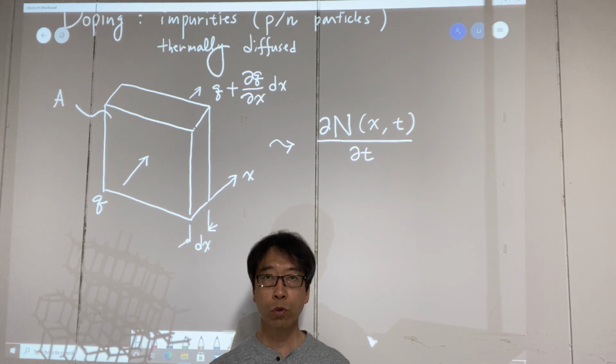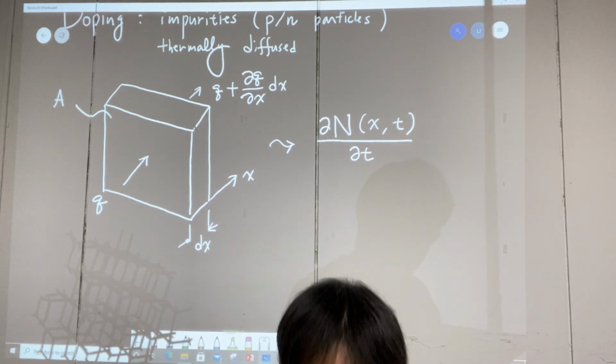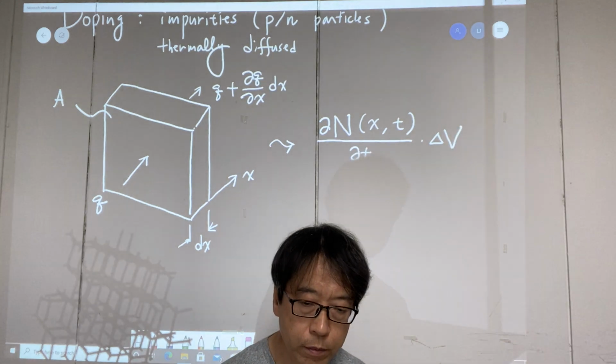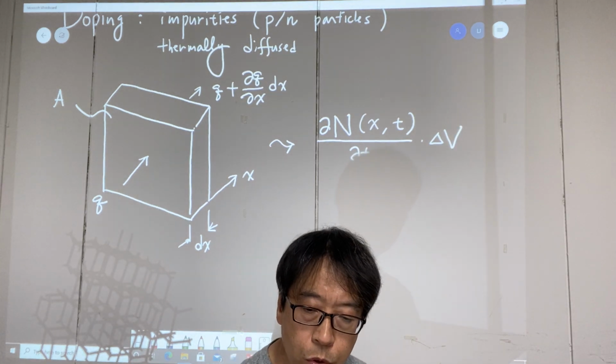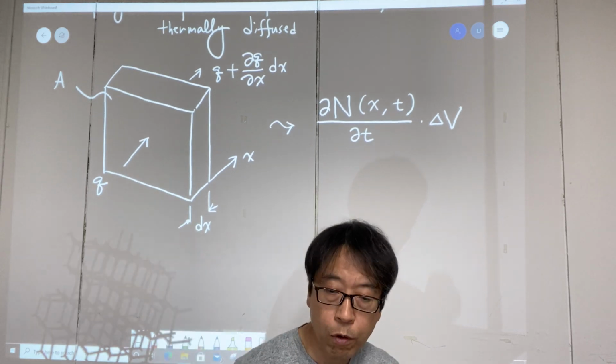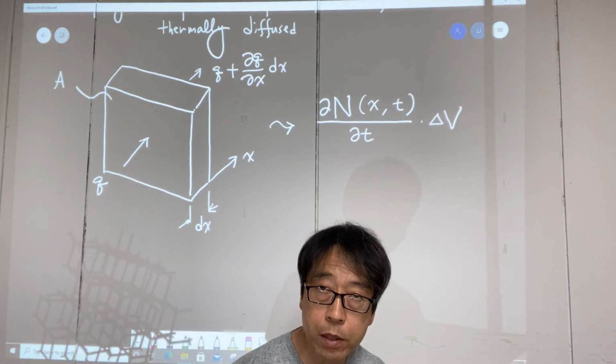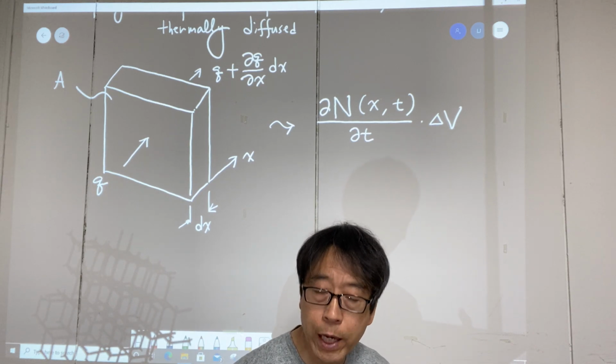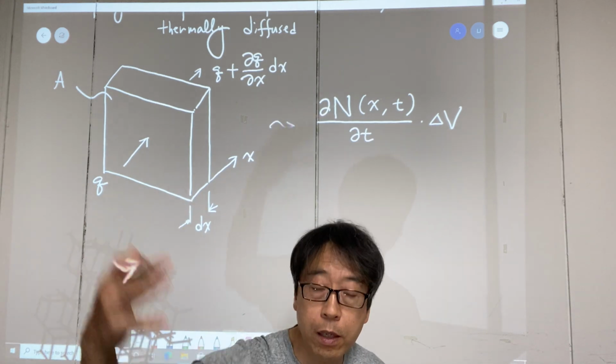So in order to count the total number of particle change, you need to multiply by an infinitesimal volume. If you write down the whole bookkeeping process, something coming in is positive, something going out is negative, and the change is positive if it is increasing.